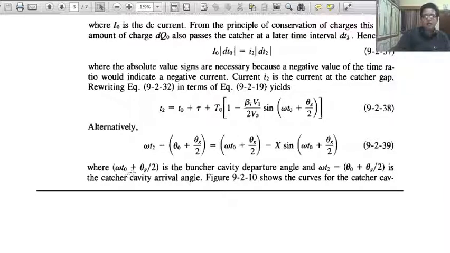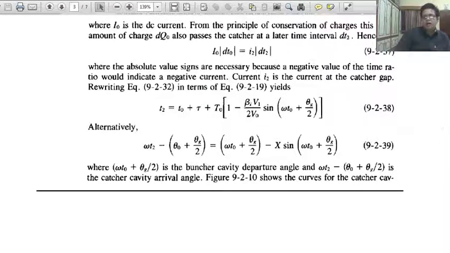Here omega T0 plus theta g upon 2 is known as the buncher cavity departure angle, and omega T2 minus theta 0 plus theta g upon 2 is the catcher cavity arrival angle. This is the departure angle and this is the arrival angle: departure from the buncher, arrival at the catcher.